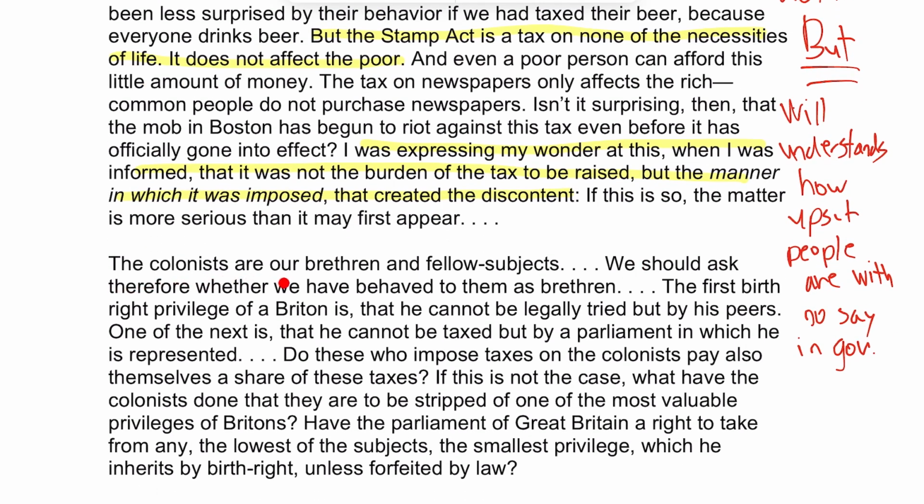The colonists are our brethren and fellow subjects. We should ask, therefore, whether they have behaved to them as brethren. The first birthright and privilege of a Briton is that he cannot be legally tried but by his peers.